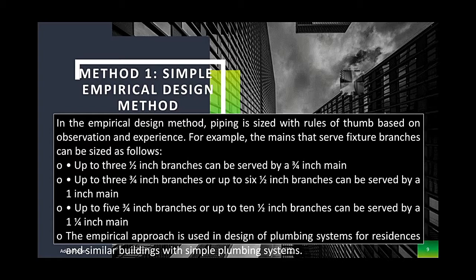Up to 3 3/4 inch branches or up to 6 1/2 inch branches can be served by a 1 inch main. Up to 5 3/4 inch branches or up to 10 1/2 inch branches can be served by a 1 1/4 inch main. The empirical approach is used in the design of plumbing systems for residences and similar buildings with simple plumbing systems.